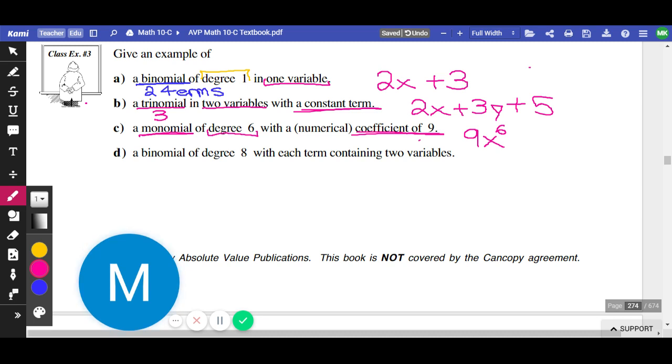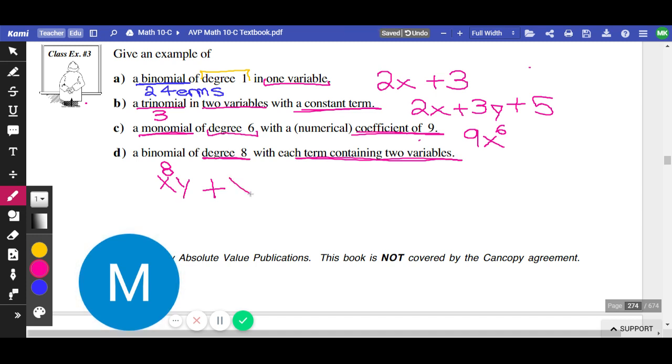Last one, a binomial of degree 8 with each term containing 2 variables. All right, binomial means I have something separating 2 terms. Degree 8 means one of them is to the power of 8, I do x to the power of 8. Each term contains 2 variables. So this needs to be x to the power of 8 times some other variable.